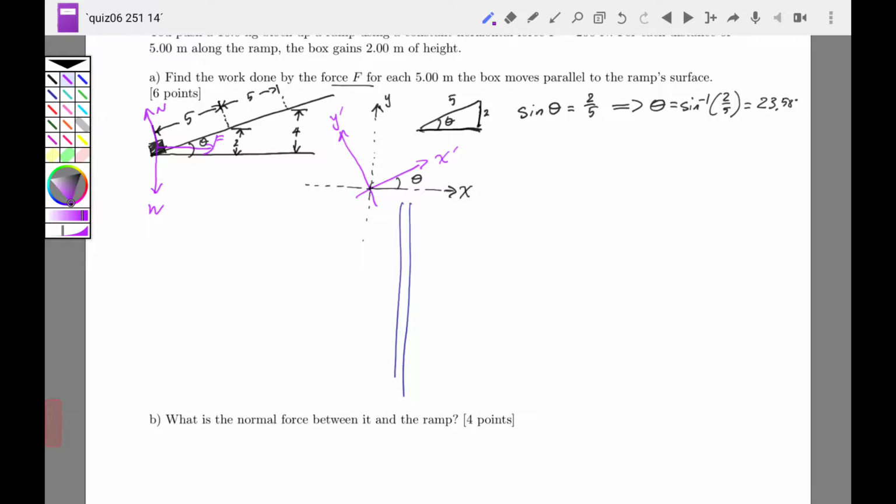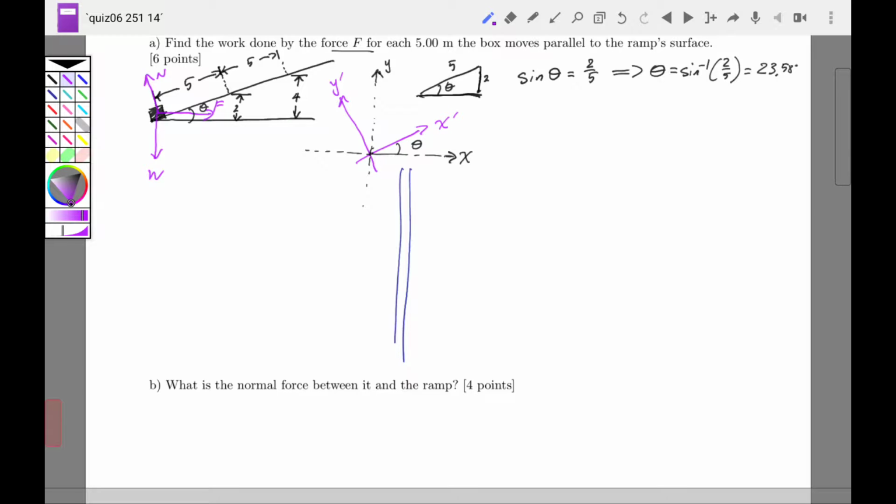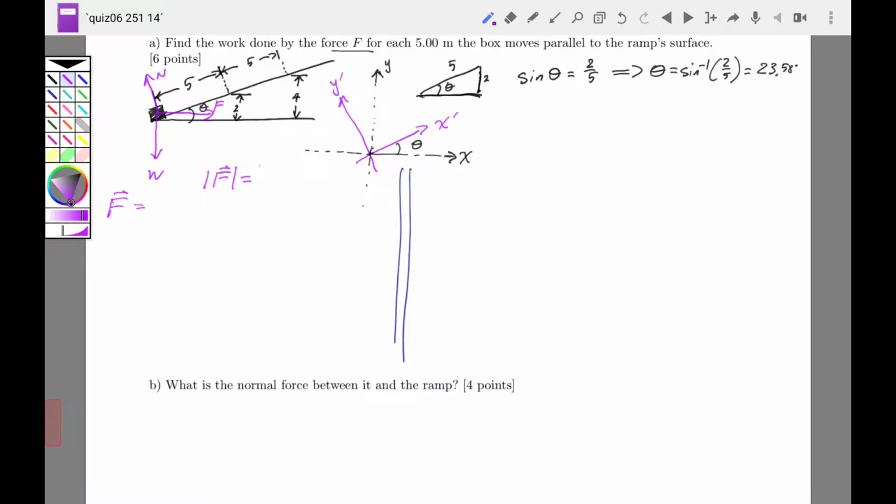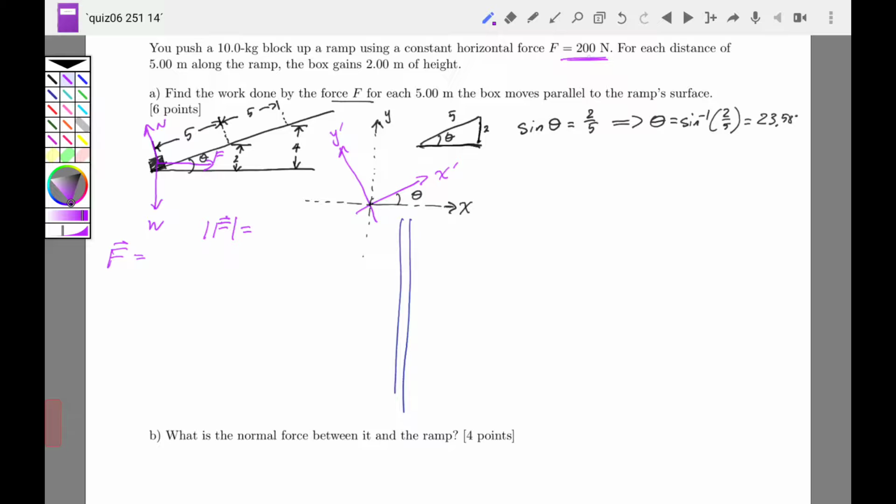Let's see, I'll do in purple the rotated coordinate system. So let's get the applied vector F, not the total force. This is just the applied force. The magnitude of this applied force is 200 newtons.